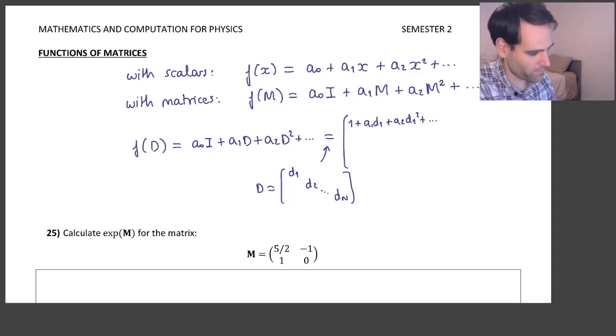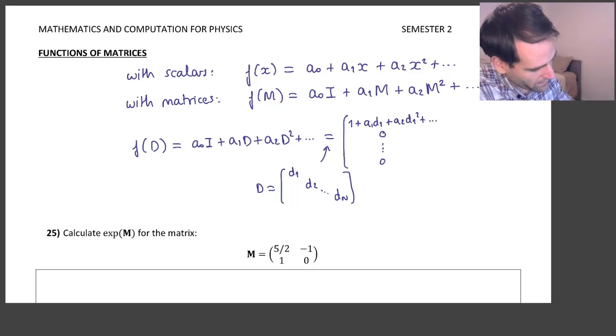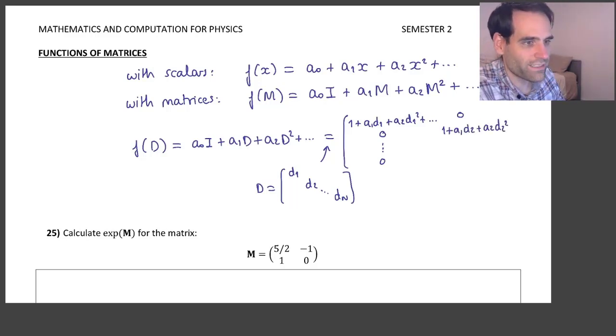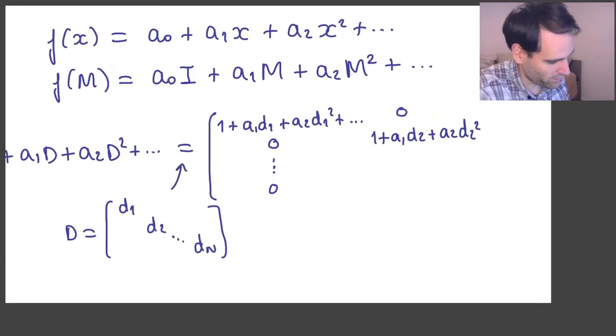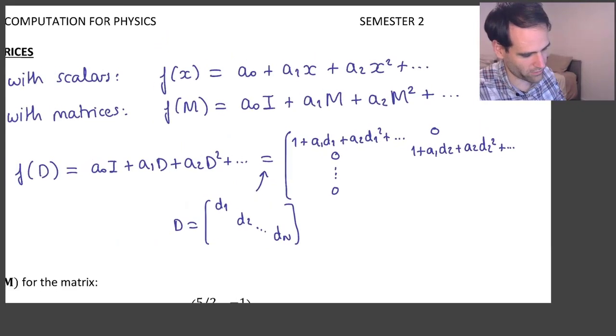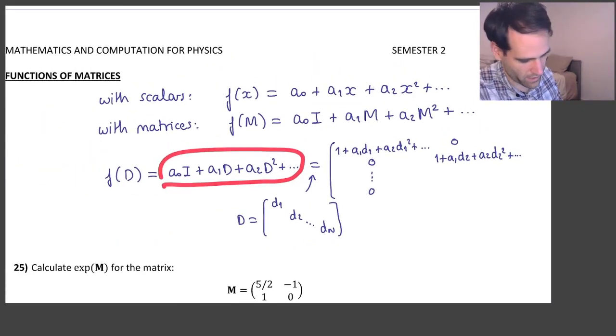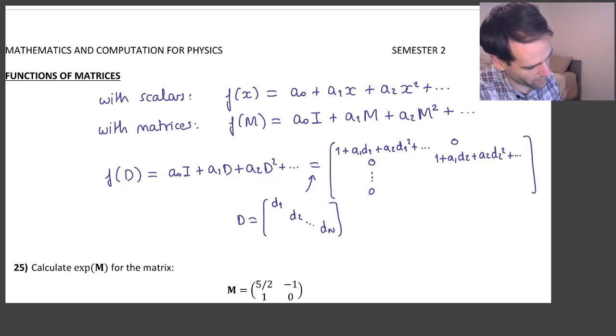Yeah, that would be the first element. Then you will have zeros in the rest of the column. Then the next column would be 0, but in the main diagonal, you would have 1 plus A1 D2 plus A2 D2 squared plus dot dot dot, right? You can apply that equation because it's very easy to do this calculation for a diagonal matrix. And in this way, you can do it for every diagonal element in D.